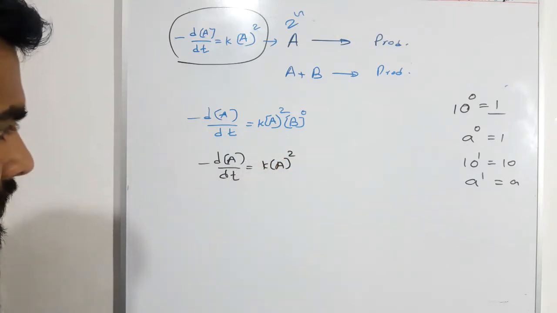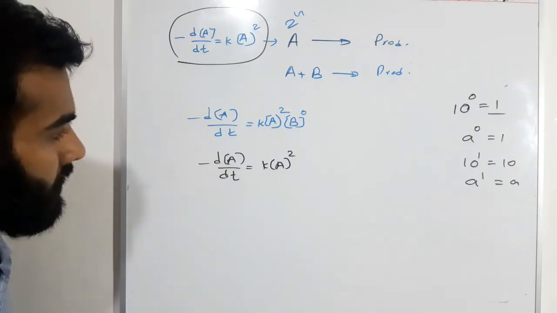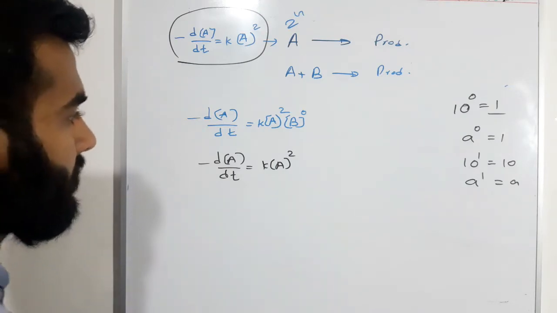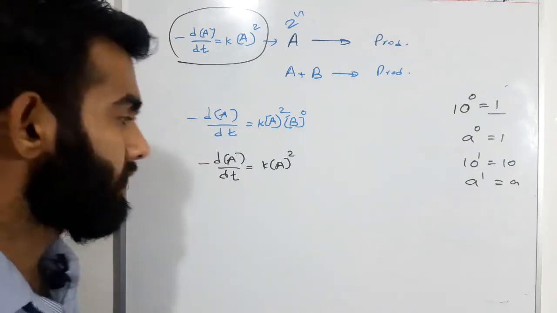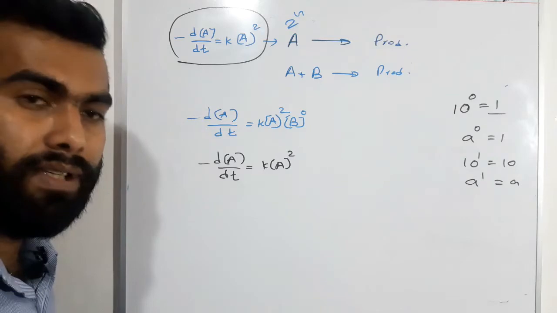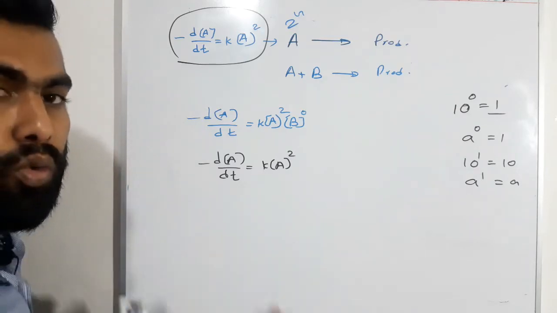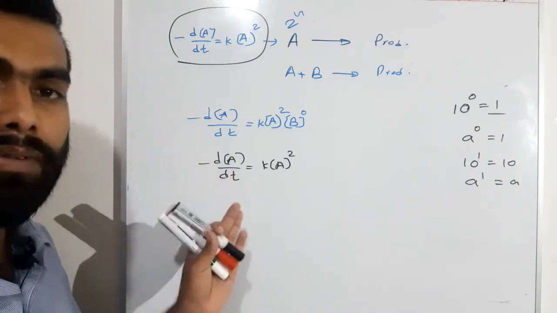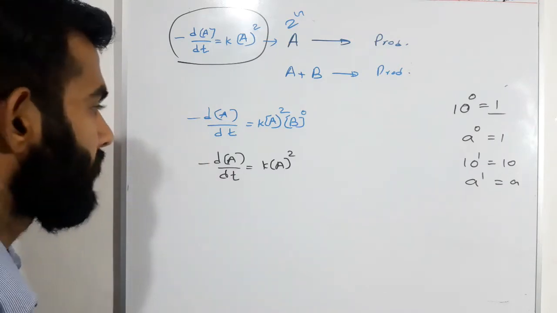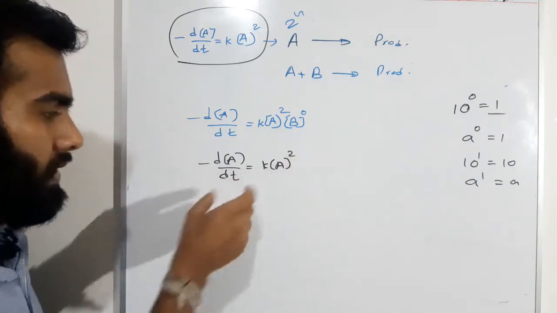Okay. Now I will write down this equation. I want to integrate. To integrate, as I said previously, we have to move concentration terms into the left side and other terms into the right side. So I will move this A square term into the left side.